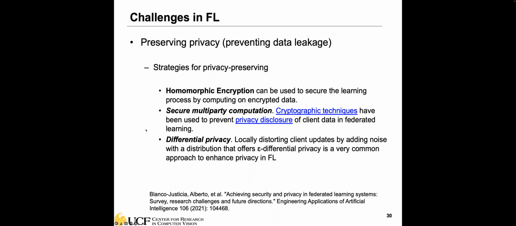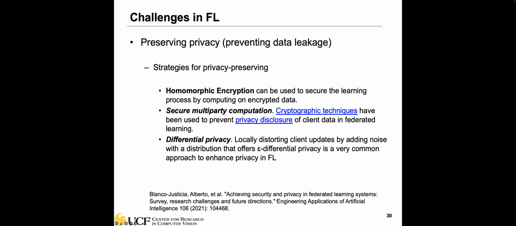One is homomorphic encryption, where you do some encryption on the data, and also secure multi-party computation. This is actually used by a lot of companies. And also differential privacy.